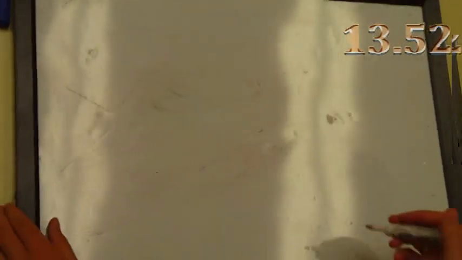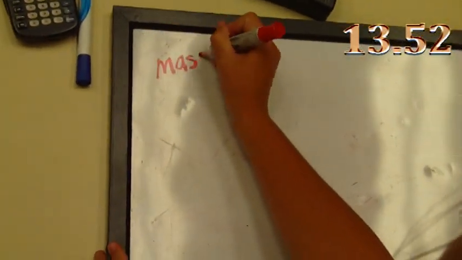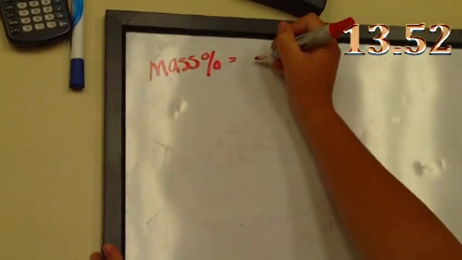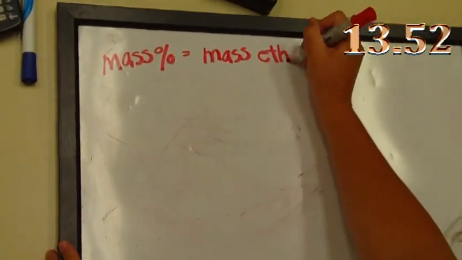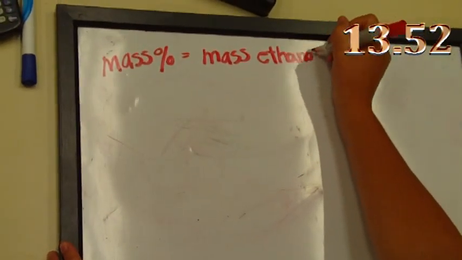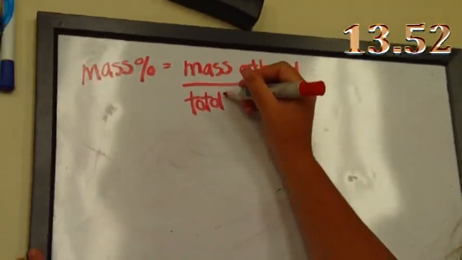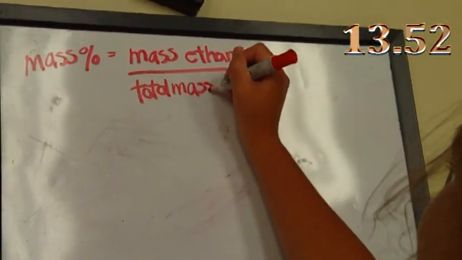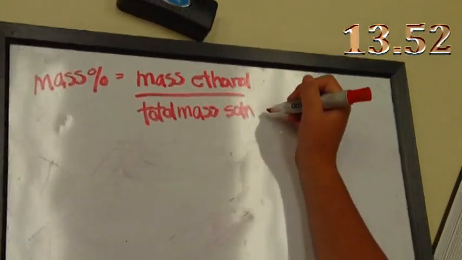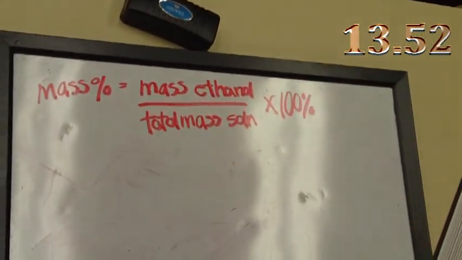All right, so mass percent, again, is just going to be the mass of ethanol divided by the total mass, times 100%.